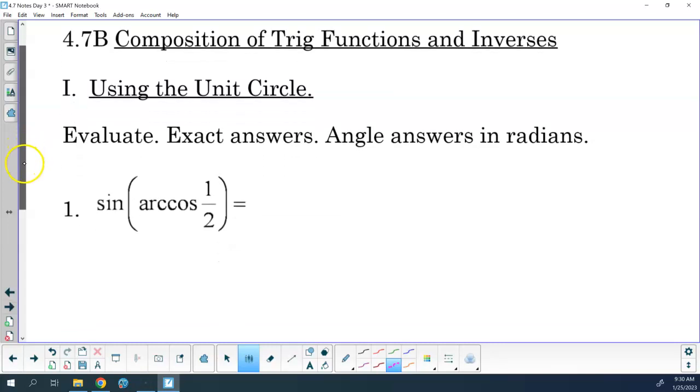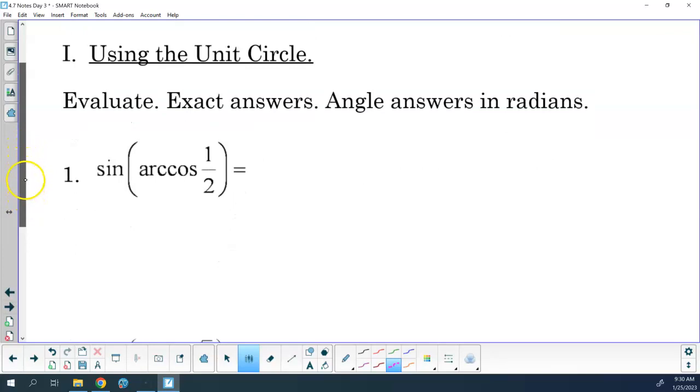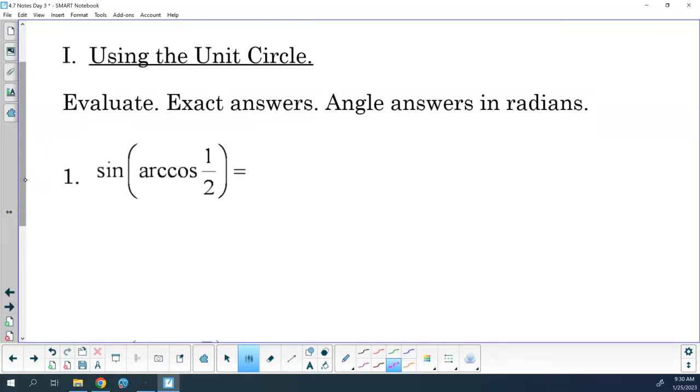So here in number 1, I don't want to get too far along. The first thing that we're going to do is the arc cosine of 1/2. Cosine looks where on the unit circle?